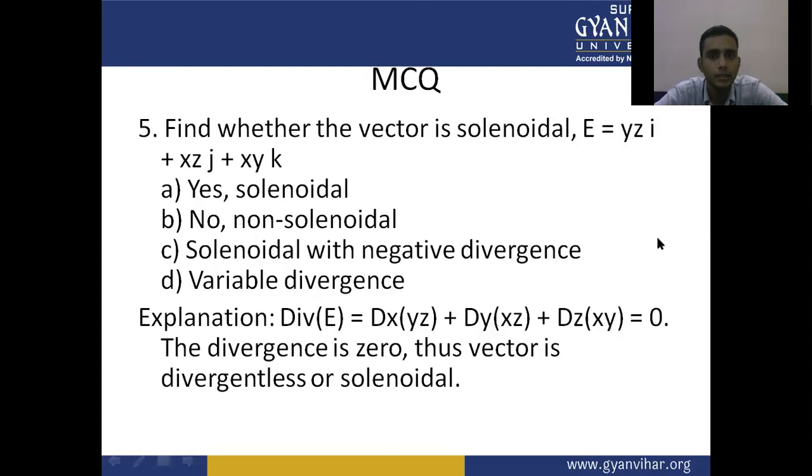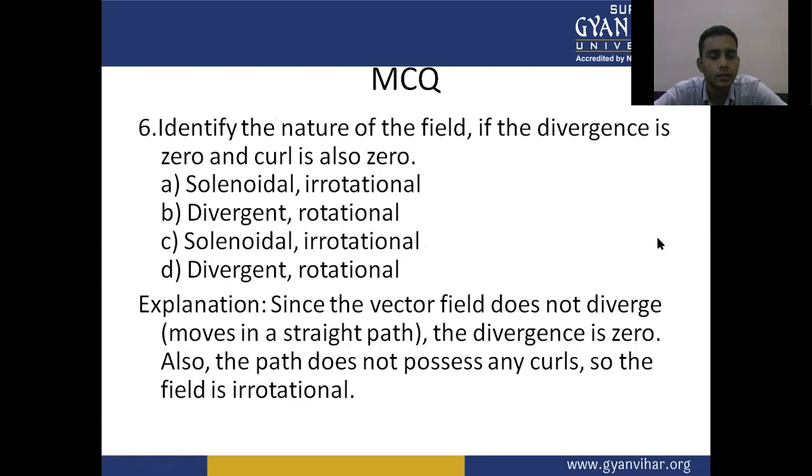Identify the nature of the field if the divergence is 0 and the curl is also 0.